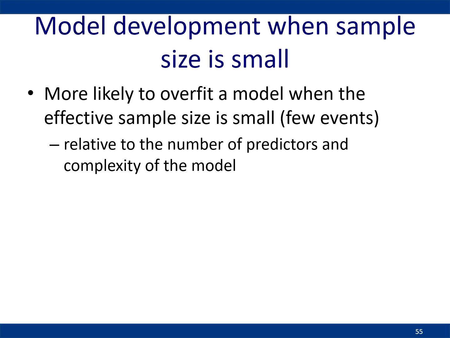So model overfitting is more likely to occur when our sample size is small. So in other words, when there are few events in our data set. And this is because it's relative to the number of predictors versus the complexity of the model and the number of tests that we are performing.